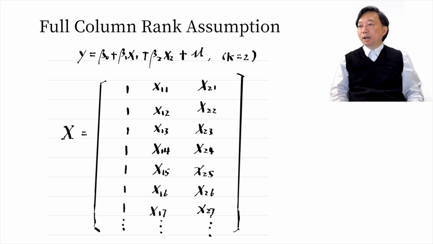That is to say, the columns of matrix X must be linearly independent. The full column rank assumption is the matrix version of the No Perfect Collinearity assumption.